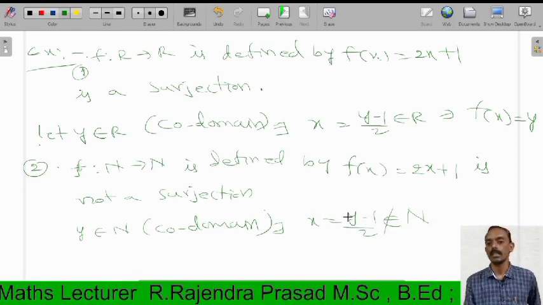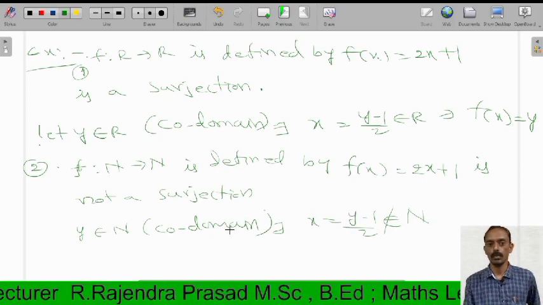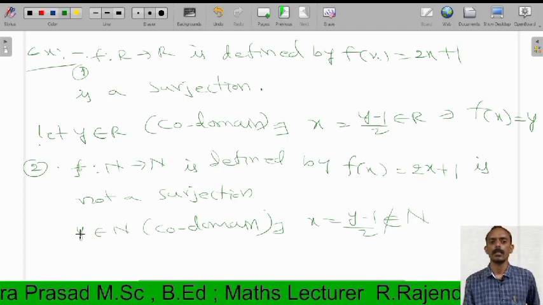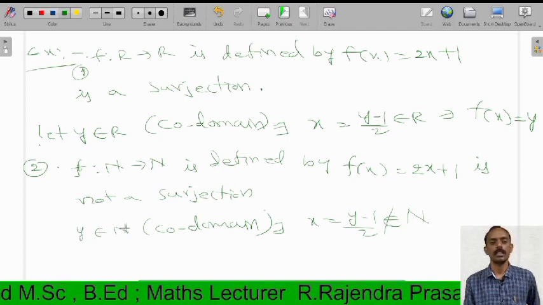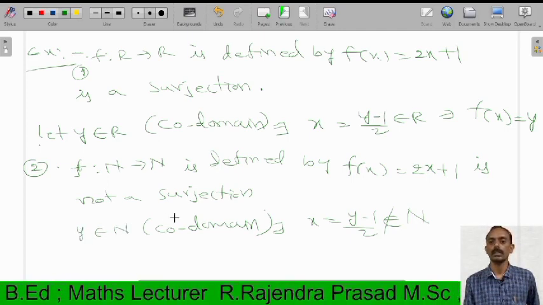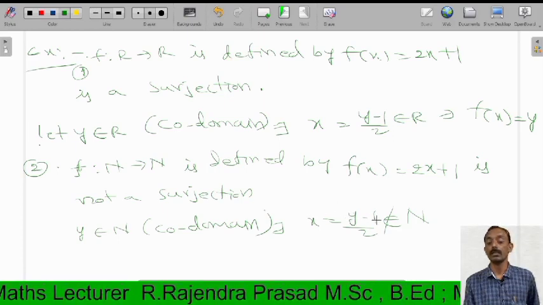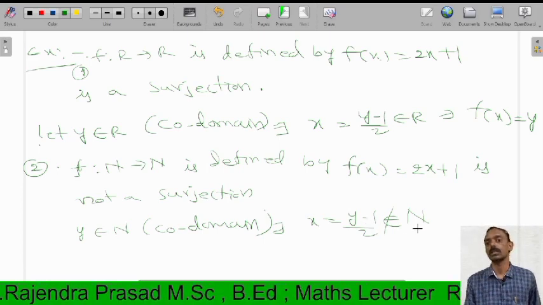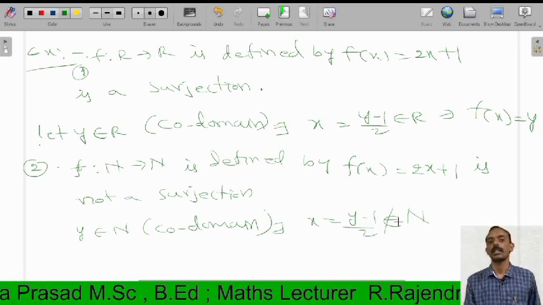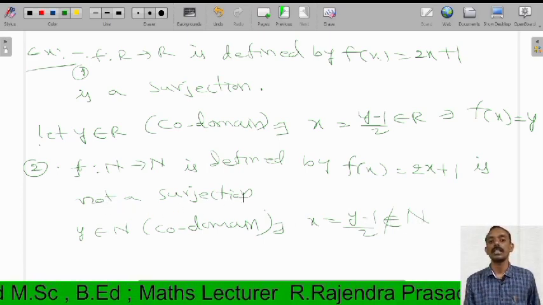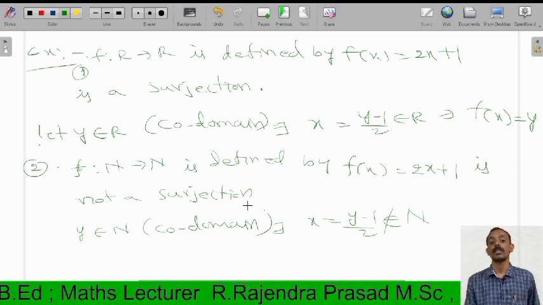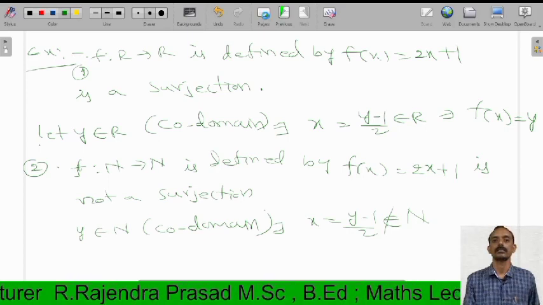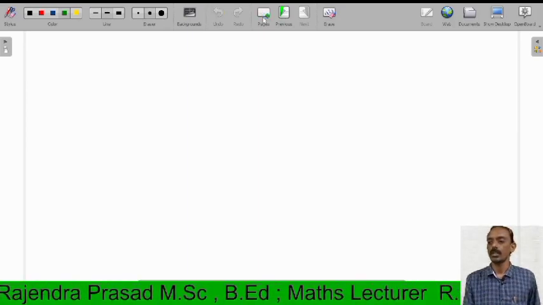This does not belong to N. Therefore, f is not a surjection. Next, bijection.